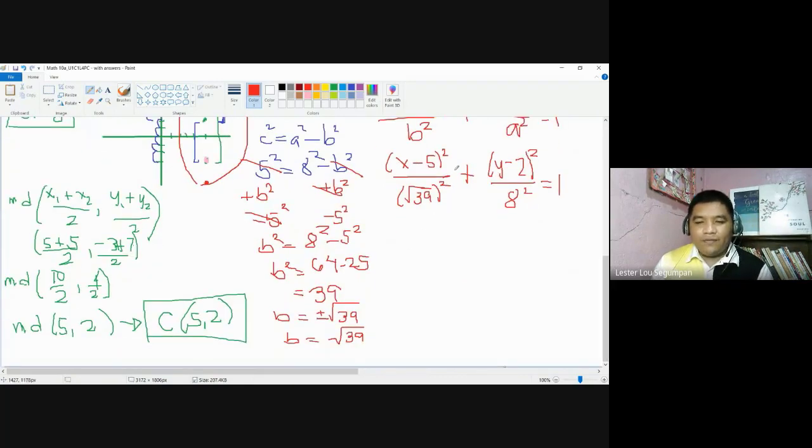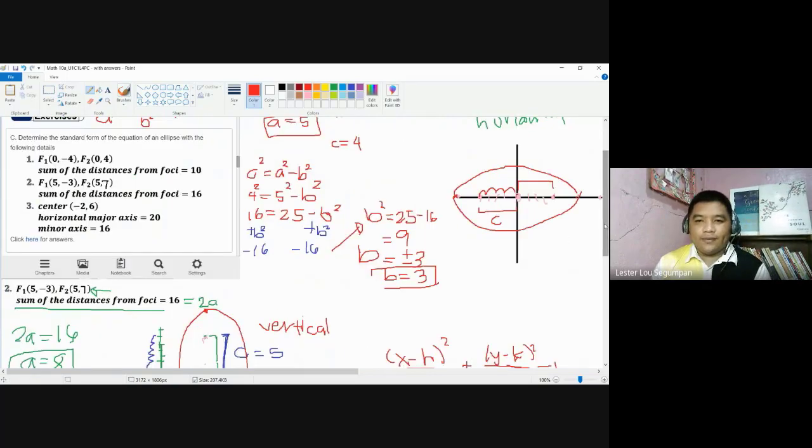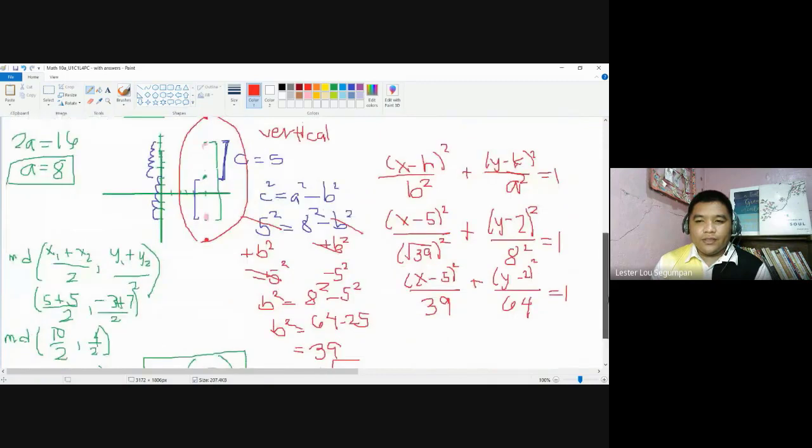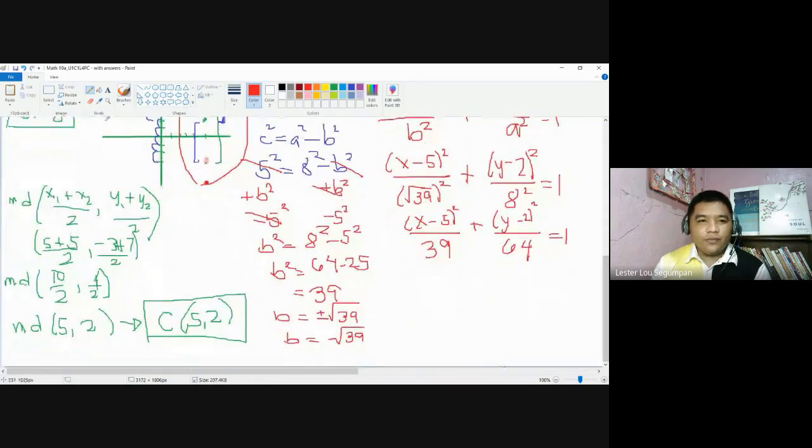Finally, you will have this equation: (x minus 5) squared over 39, the square root will be removed, plus (y minus 2) squared over 64 is equal to 1. So this is our equation for number 2.